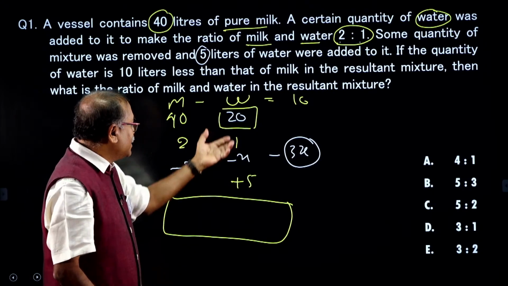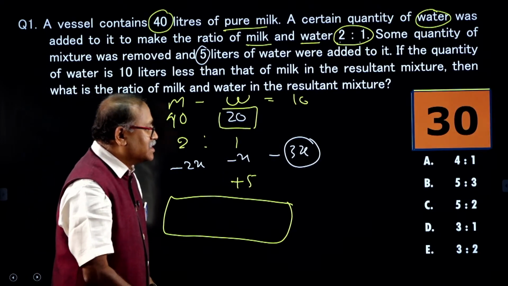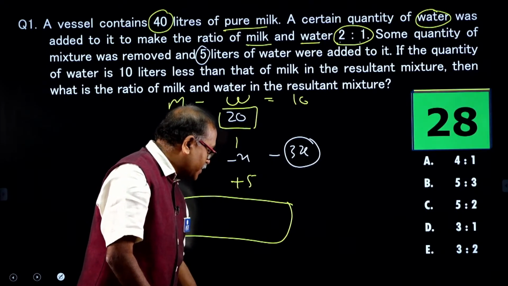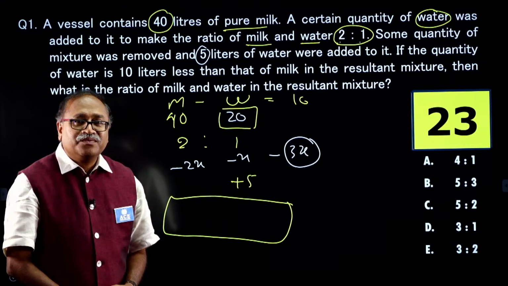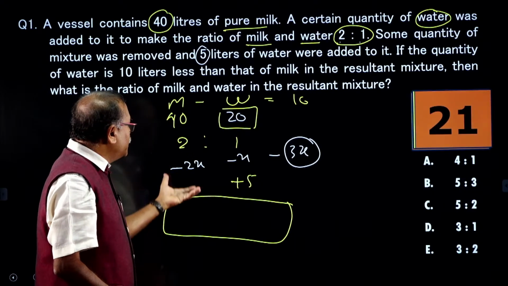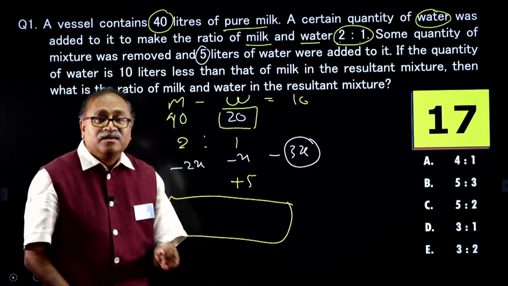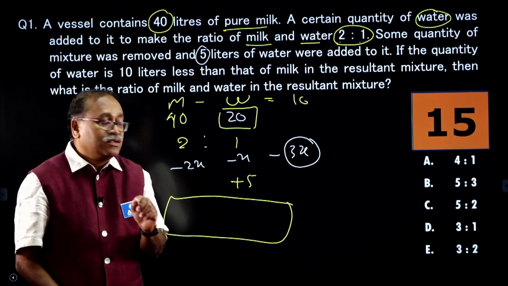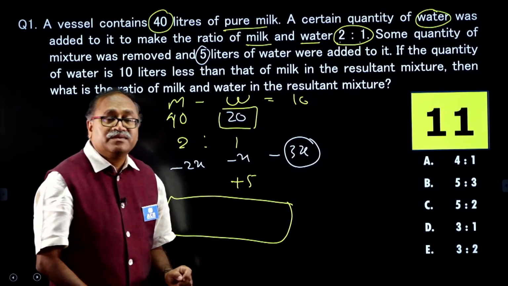My dear friends, after this explanation it must be clear. I am giving 30 seconds for you to answer the question. I am sure you will be able to find the x value. So milk minus water is equal to 10. By using this we get x.